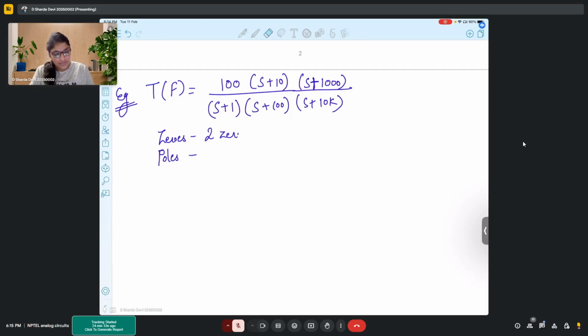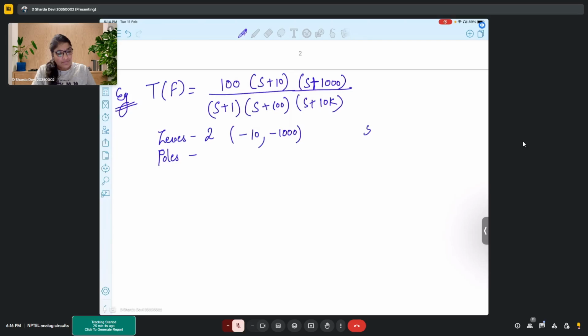And what are those zeros? Like the values. The frequency values are at -10 and -10,000. What is the unit of this frequency? Like -10, -10,000. What is the unit? Is it hertz, kilohertz, radians? What is it? Okay.